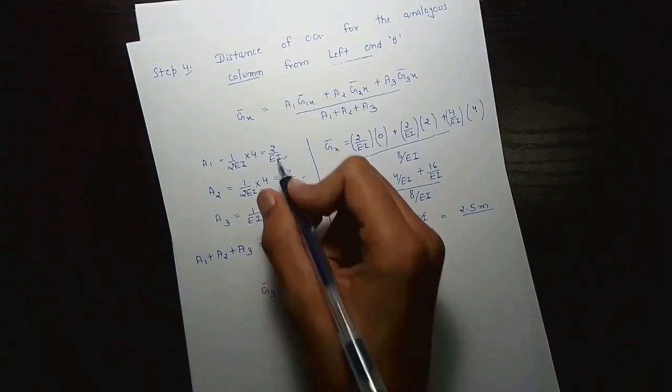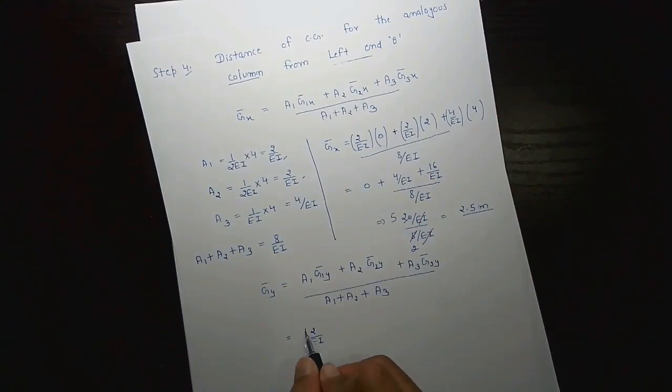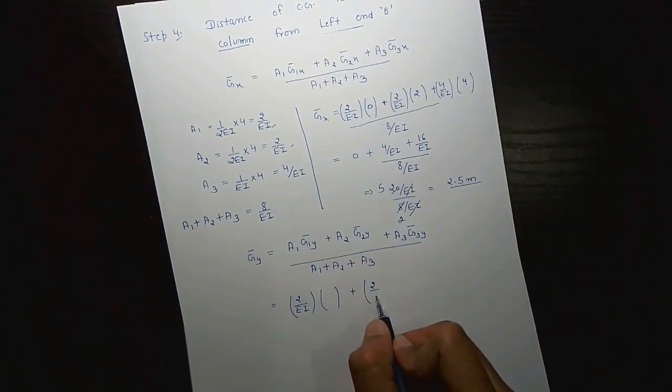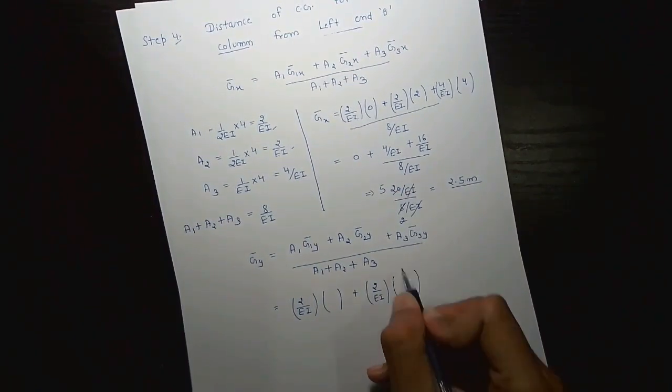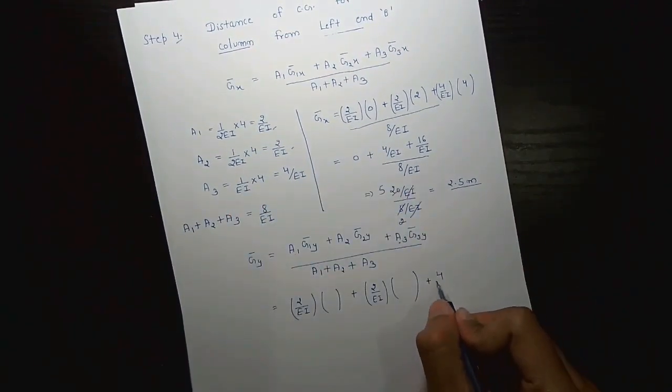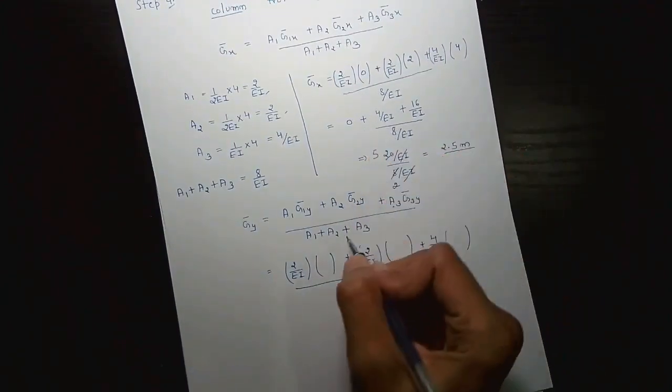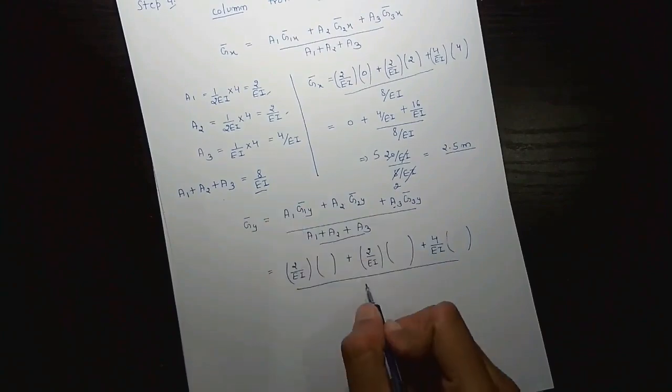Again A1 is 2 divided by EI, A2 is 2 divided by EI, A3 is 4 divided by EI, and total area is 8 divided by EI.